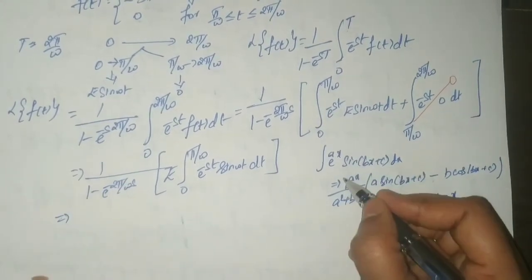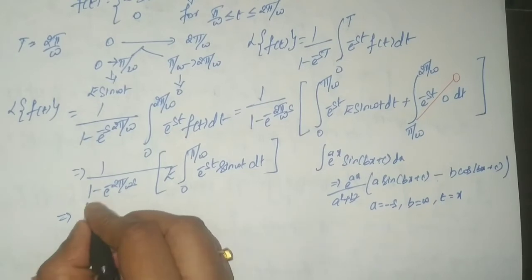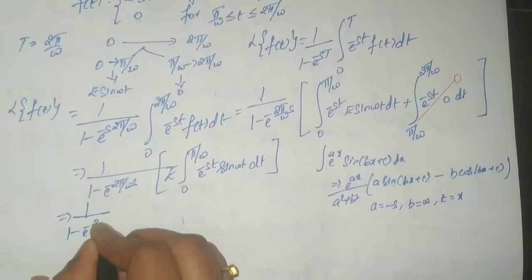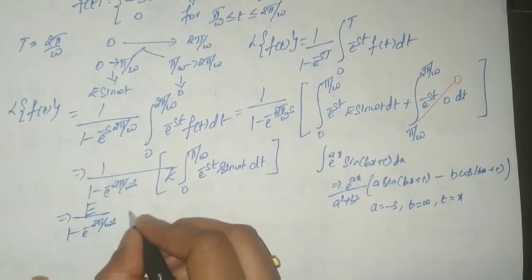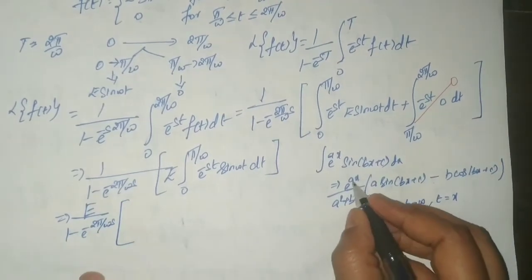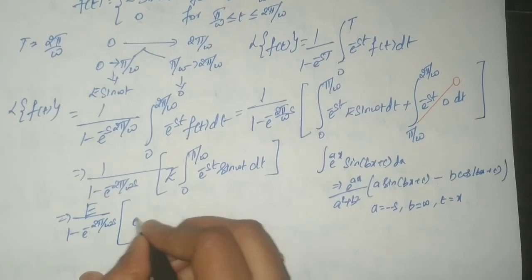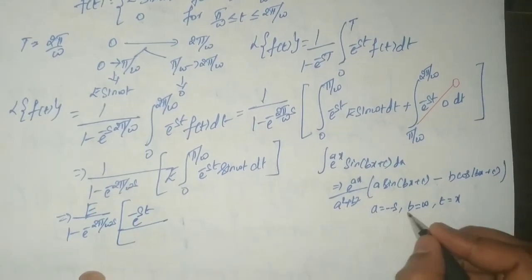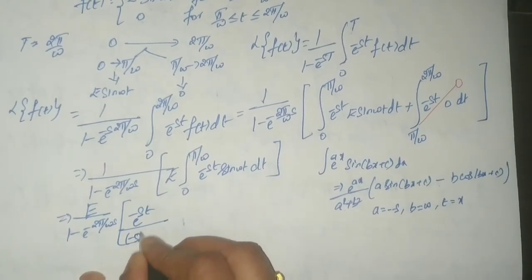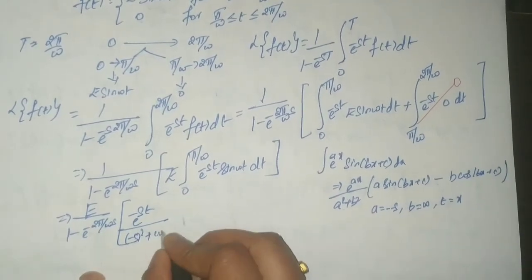After that you can directly apply the limits, whatever limits I have given. So 1 by 1 minus e power minus 2 pi by omega s. I'll take e outside, so e power ax, a is minus, so it's e power minus st by a square plus b square. What is a? Minus s square. What is b?